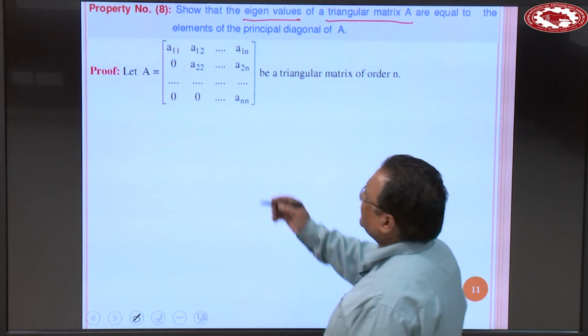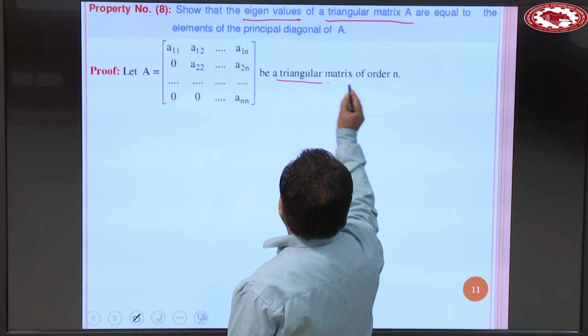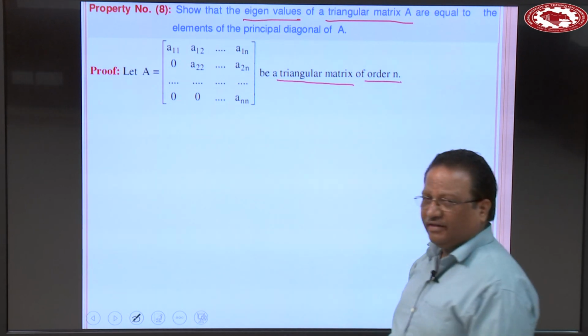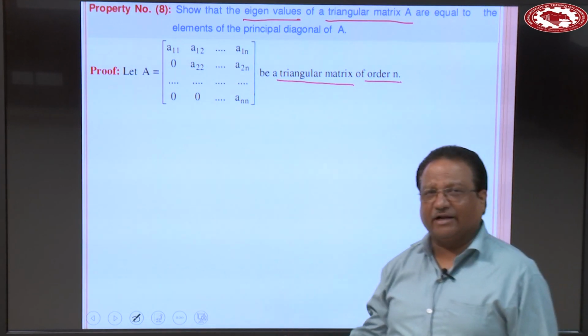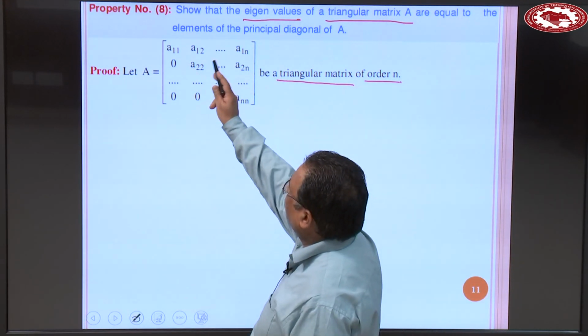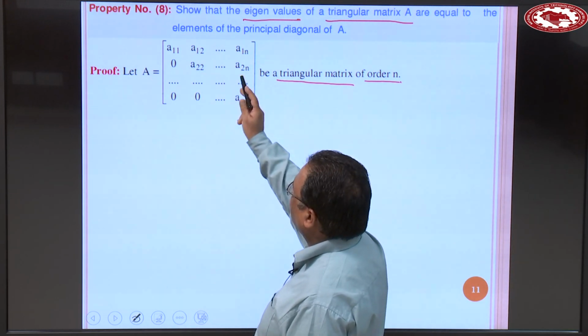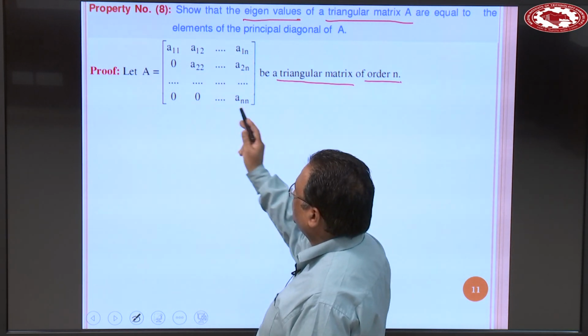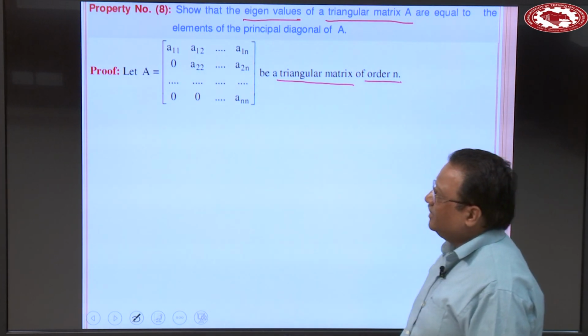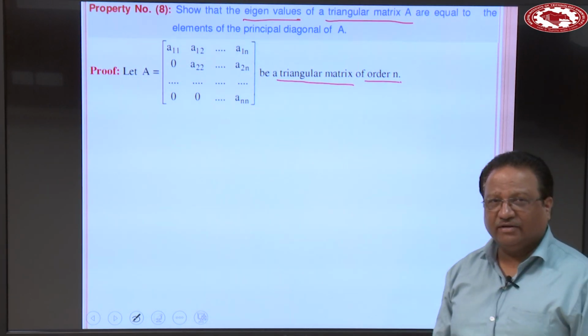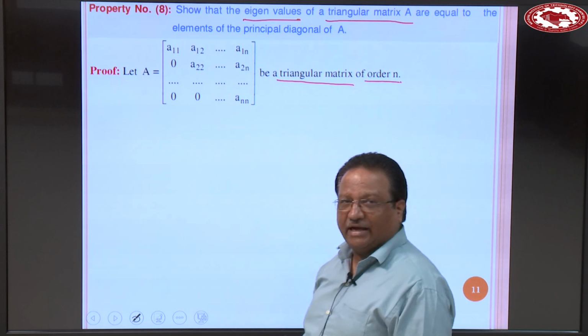So let us suppose that A is a triangular matrix of order n. In fact, we consider here an upper triangular matrix. So A11, A12, A1n, 0, A22 and so on, A2n, and so on, 0, 0, Ann. Okay. How do you find eigenvalues? Determinant A minus lambda I is equal to 0.